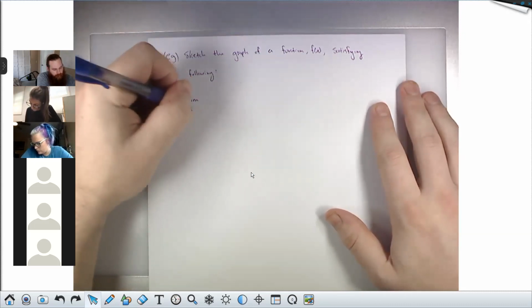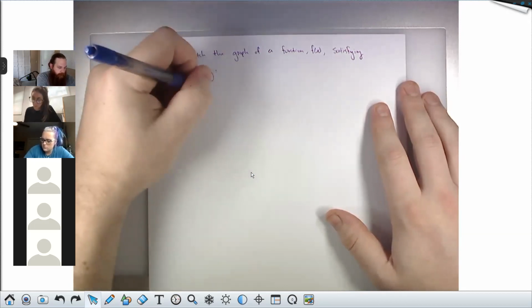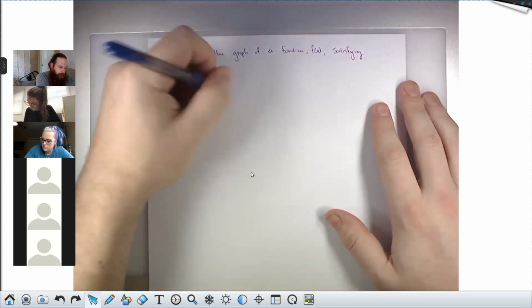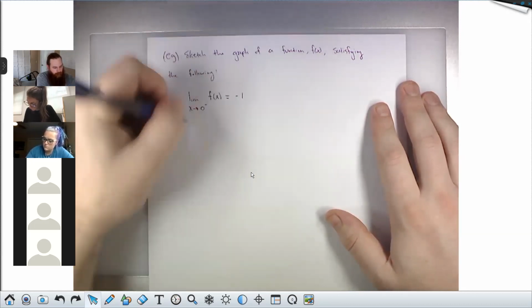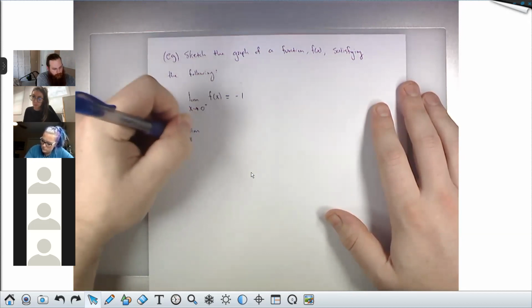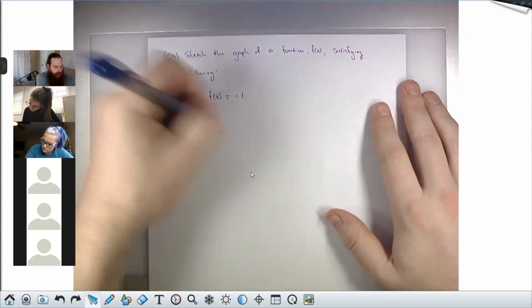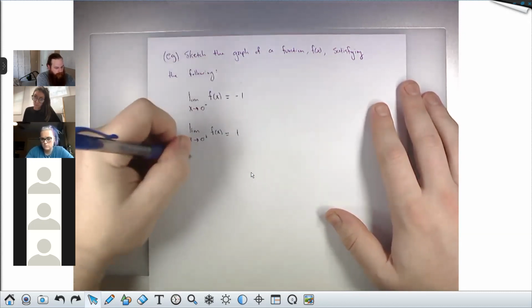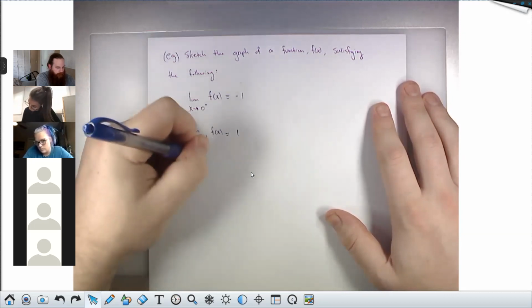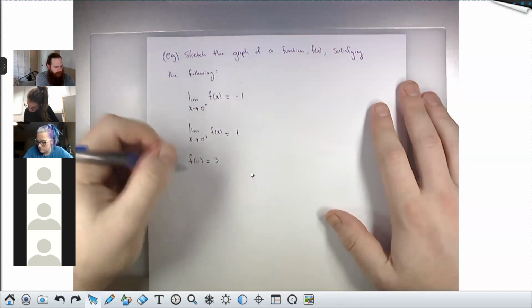We can ask that the limit as x approaches 0 from the left of f of x be -1. The limit as x approaches 0 from the right of f of x is +1. We could ask that f of 0 itself be like 3. And let's put in some conditions at another value.